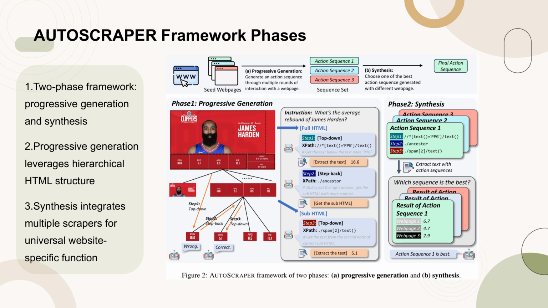The synthesis phase then integrates multiple scrapers generated from different web pages to produce a cohesive, website-specific scraper that functions universally within that site. This approach addresses the challenges of long HTML documents and reusability across various web pages, enhancing the efficiency and scalability of web scraping tasks.